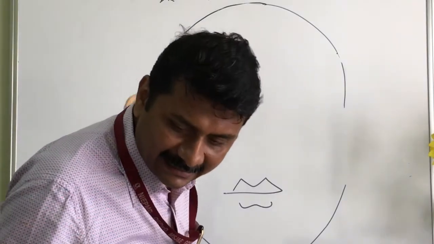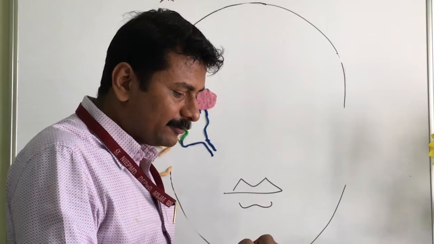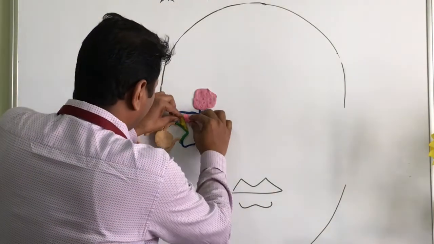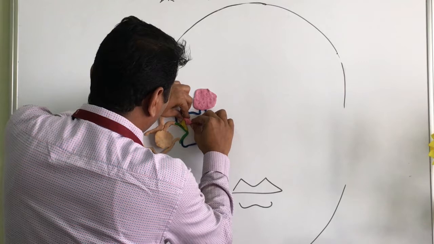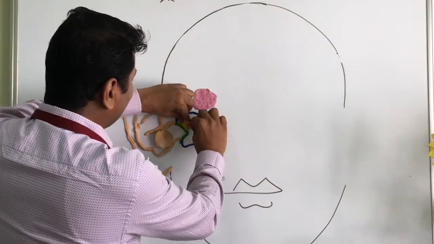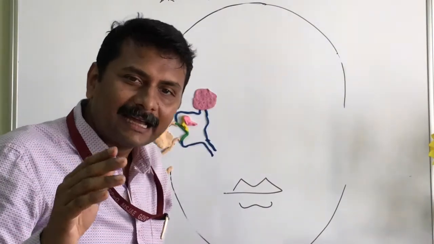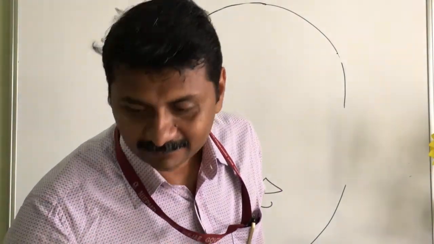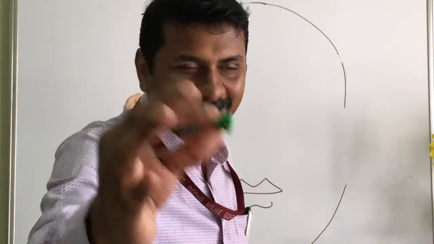To the head of the malleus is connected another bone known as the incus. So the pink color bone is the incus, and this incus in turn connects itself to the smallest bone of the body known as the stapes. So this is the stapes.